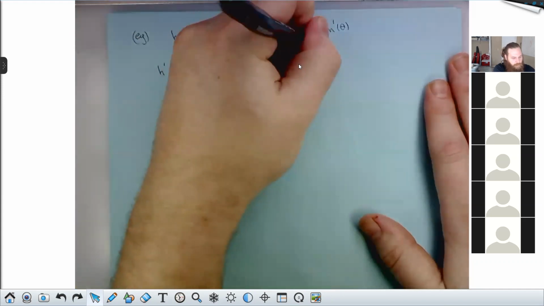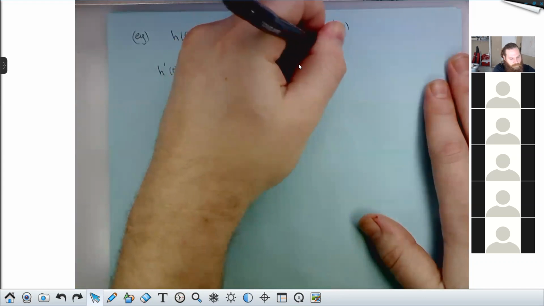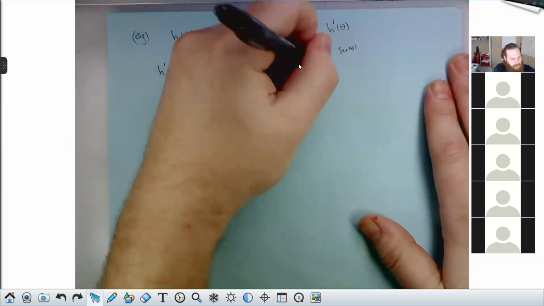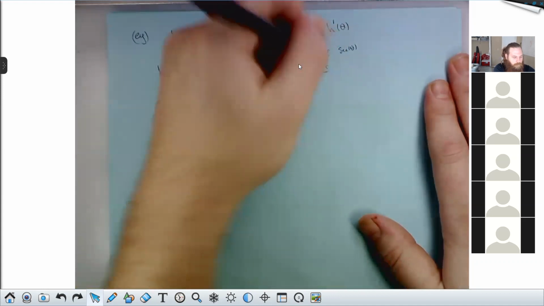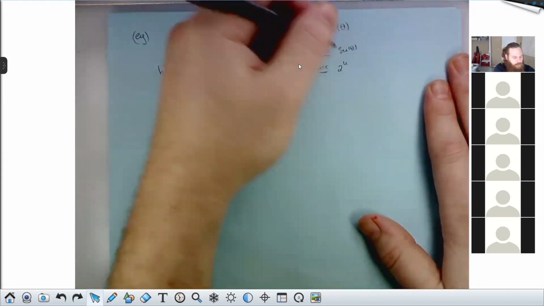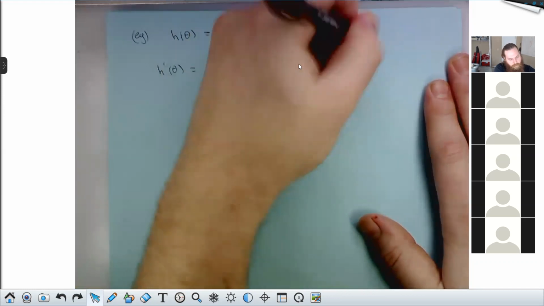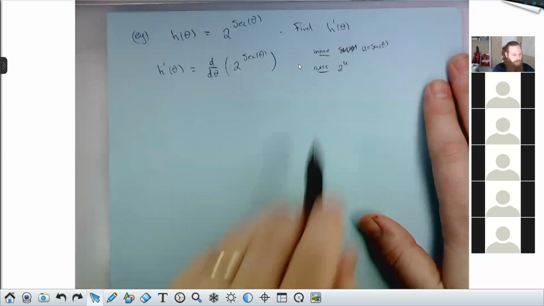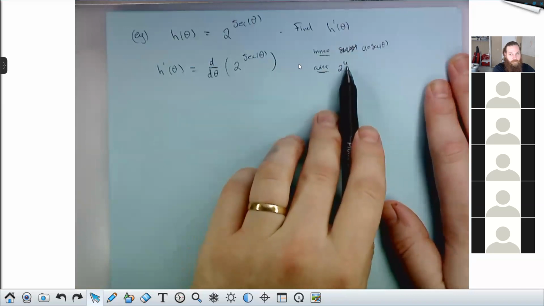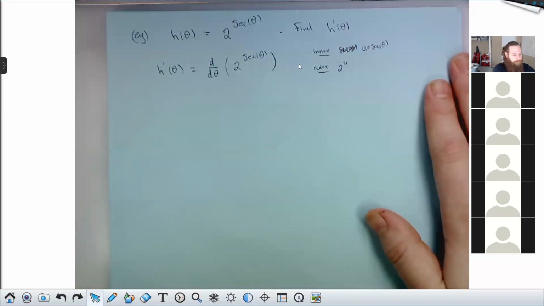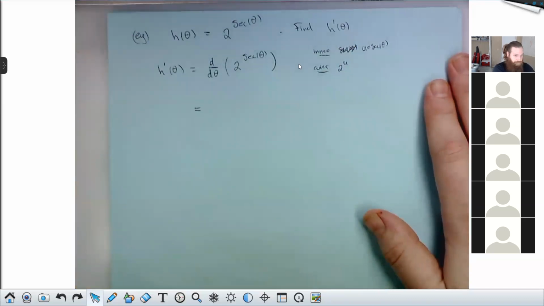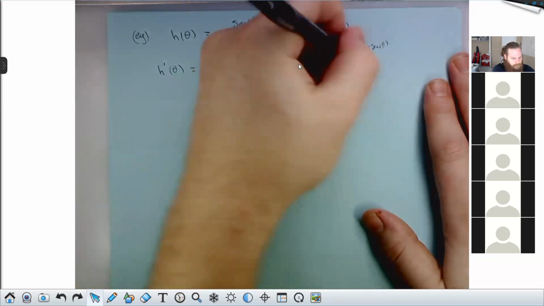So here my inner is secant theta, and my outer is 2 to the u, or I should say u equals secant theta. So then 2 to the u is 2 to the secant theta. To differentiate this, I'm going to differentiate the outer function.